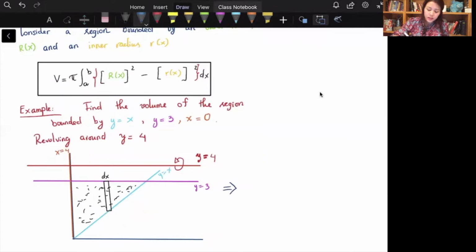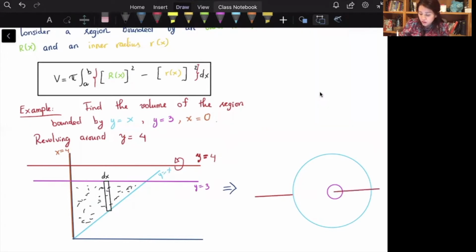It looks like a disk with a hole in between. So my outer function will be the blue one, and the inner function will be the pink one. And the line y equals 4 is in between.